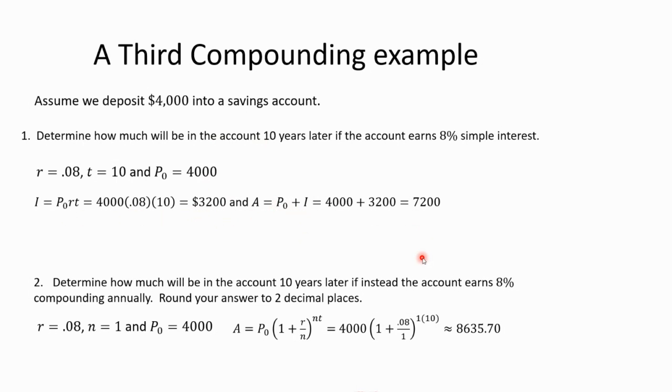Okay, that's good. But what if it was compounded instead? So instead, it's the same parameters, except now it's being compounded annually. Well, now we're going to have to use this formula. N would be 1 though. And why is that? Because it's compounded annually. Annually means once a year.